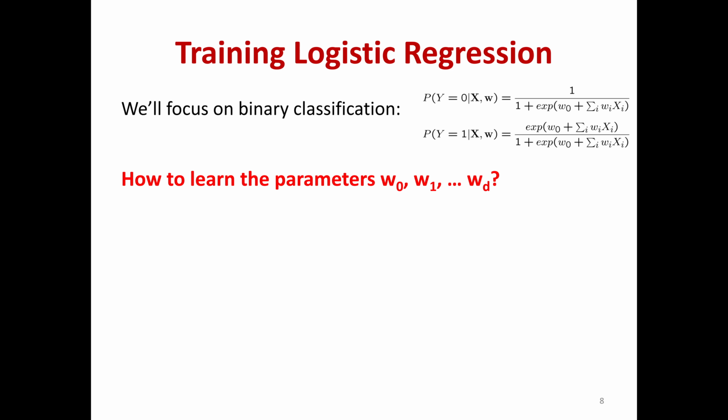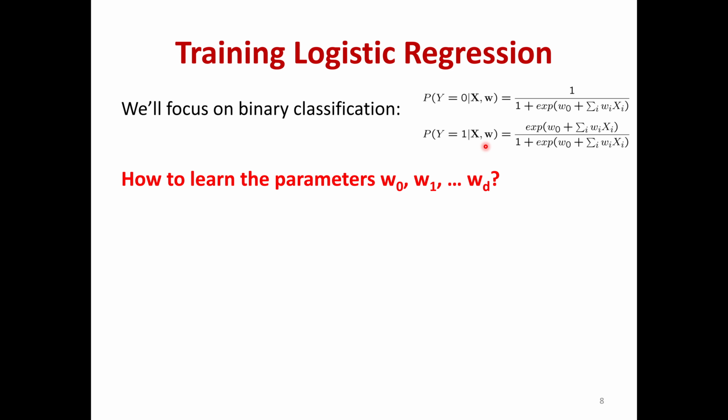So now that we know what logistic regression is, we still have one task left, namely we still have to see how to train logistic regression and how to find the best w parameters using our training set.